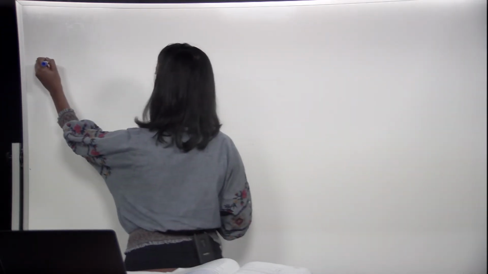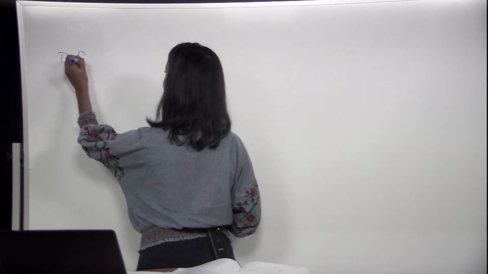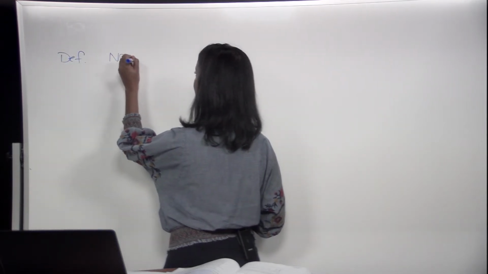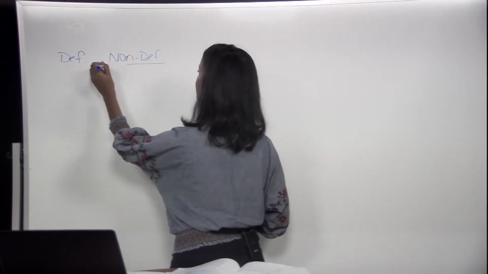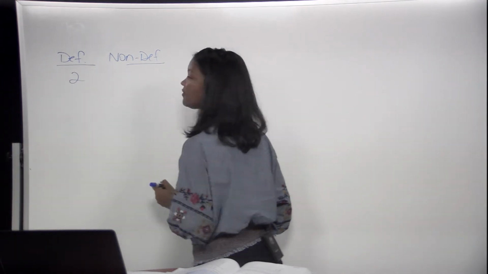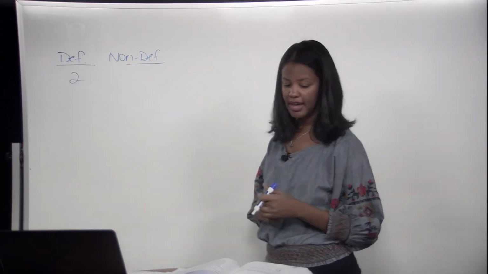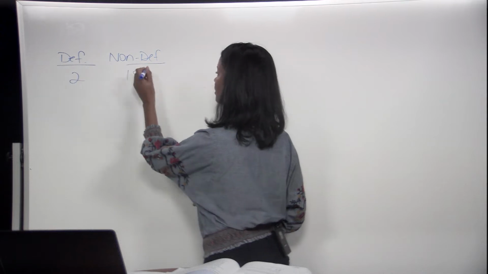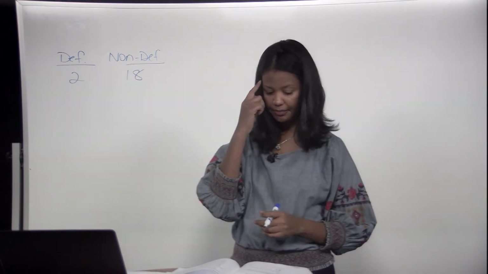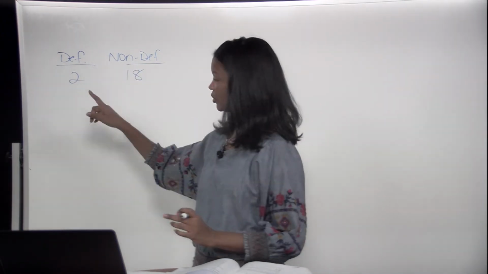This question says, of the 20 light bulbs in a box, 2 are defective. So right away, I know that I have defective and non-defective. If 2 are defective and there's 20 total, we know that 18 of them are non-defective.